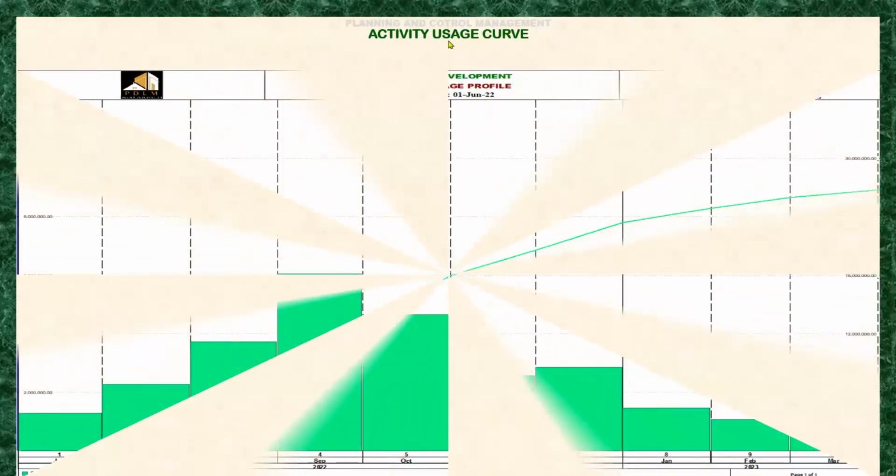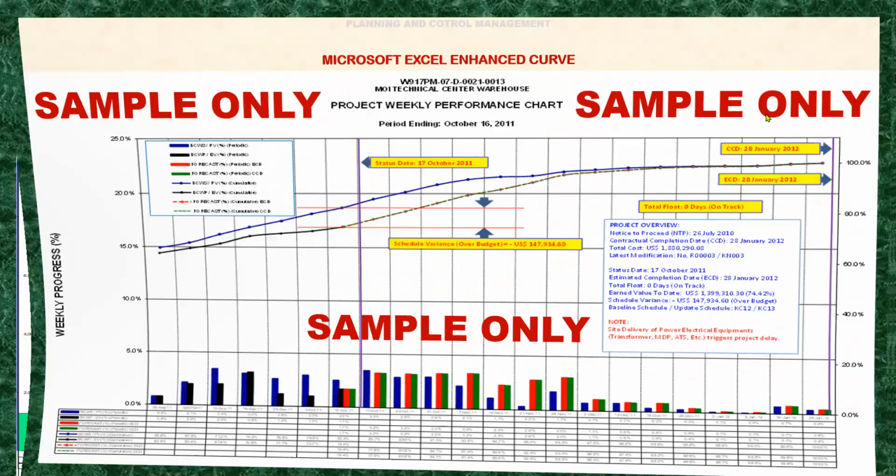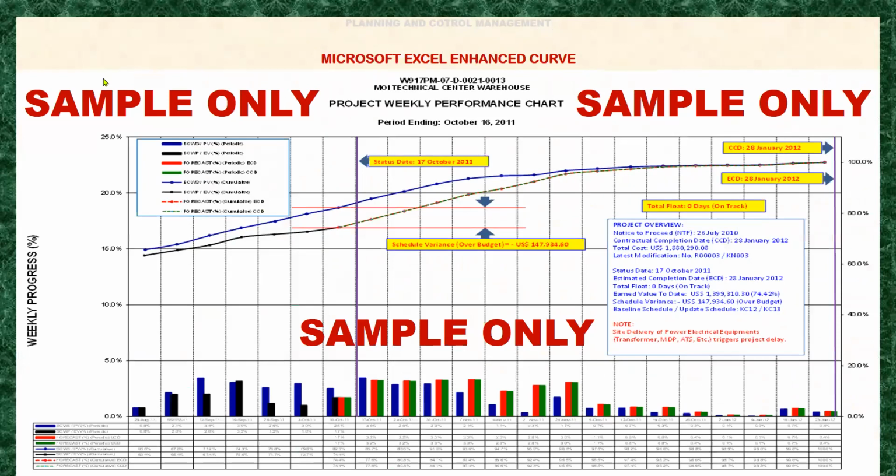Next, activity usage curve. This is for the activity usage curve. The method that we use here is the Primavera P6 activity usage profile. Next, I have already introduced this to you.